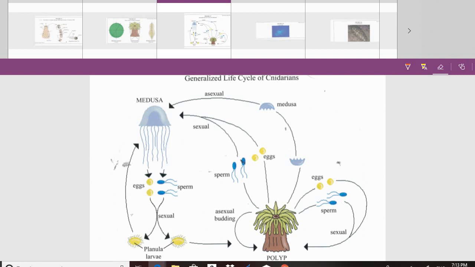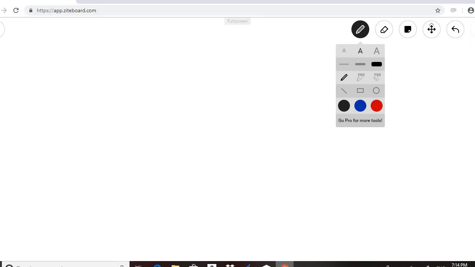If you're interested in those, you can read about them in your book, and we will talk about some of them in more detail, like when we study coral reefs, we'll talk a little bit more about the organisms that make up a coral reef. Okay, so that was phylum Cnidaria.